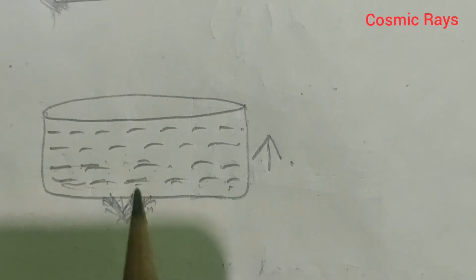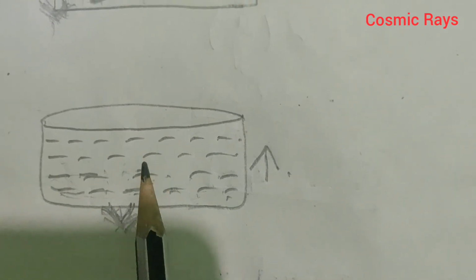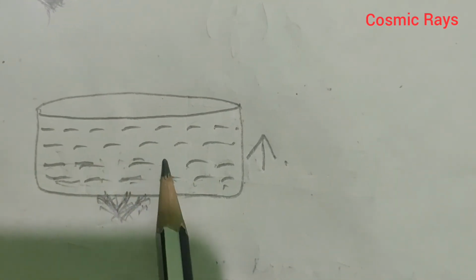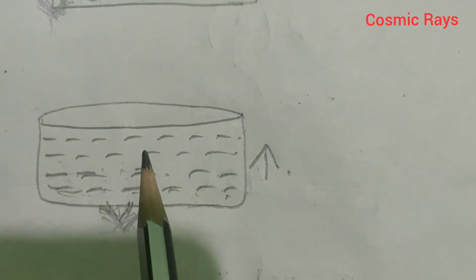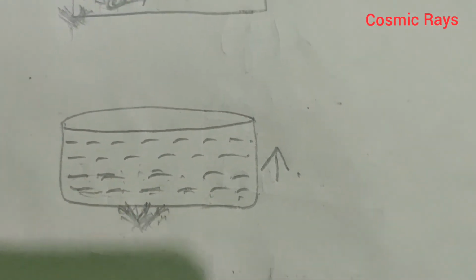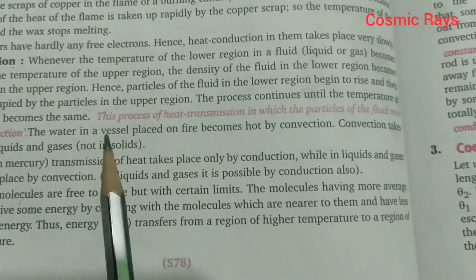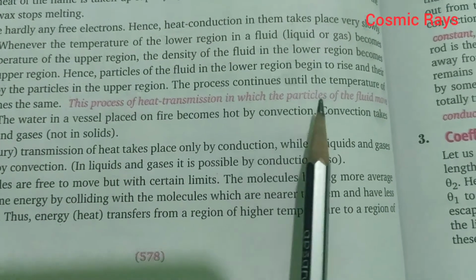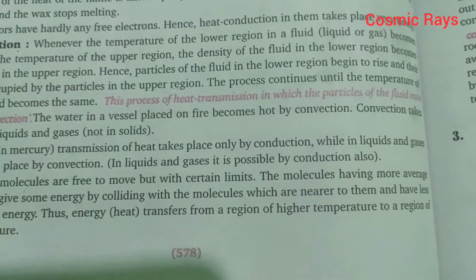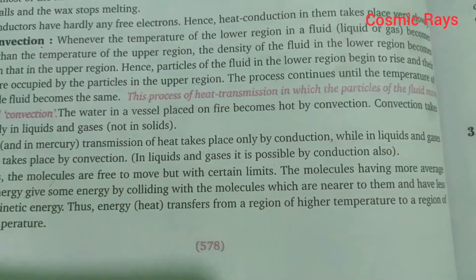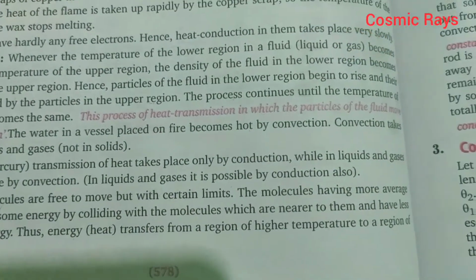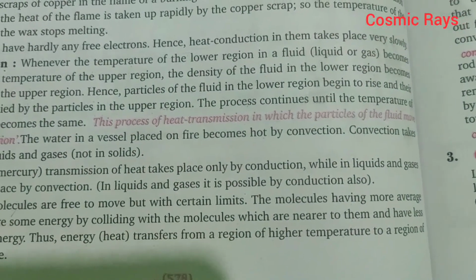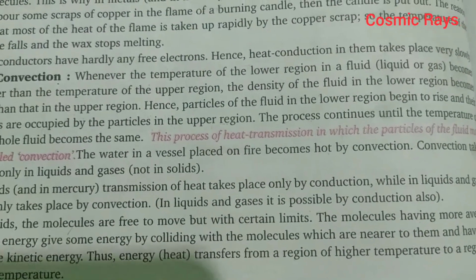In this case, what we observe is the molecules of the fluid are moving around to transfer the heat. Now this is the process of convection. The process of heat transmission in which the particles of the fluid move is called convection, and it generally takes place in liquids and gases.